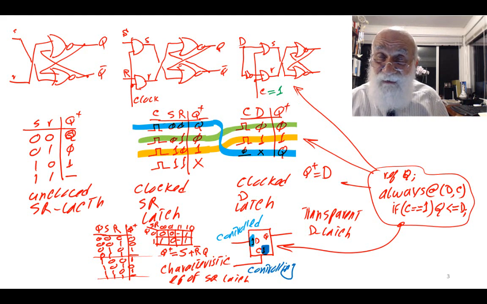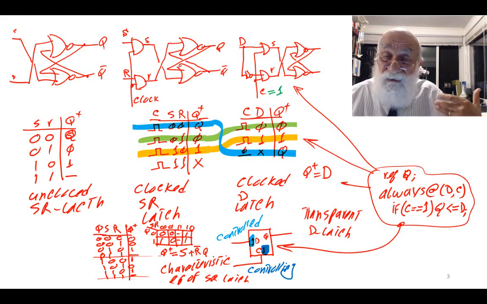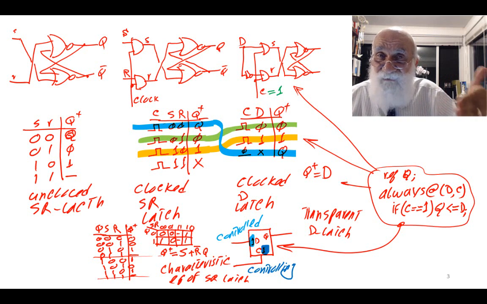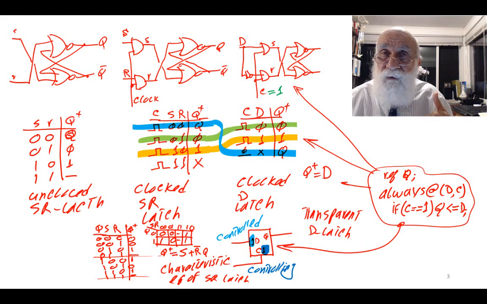Let's read the always statement. It says if D or C changes, flow begins. When flow begins, look at the value of C. If C is 1, D goes into Q. What if C is not 1? It says nothing.